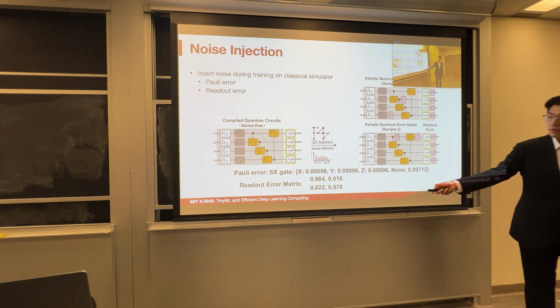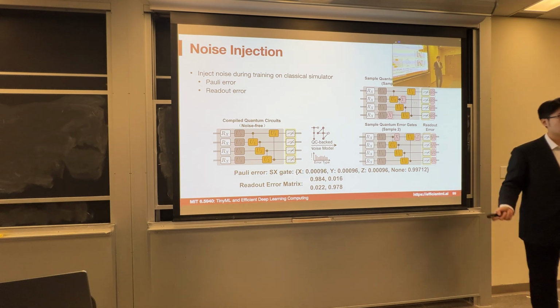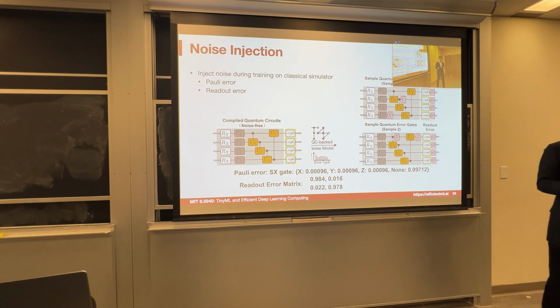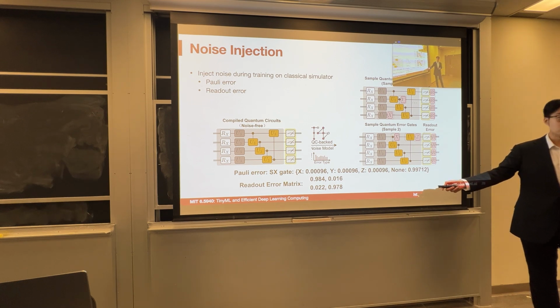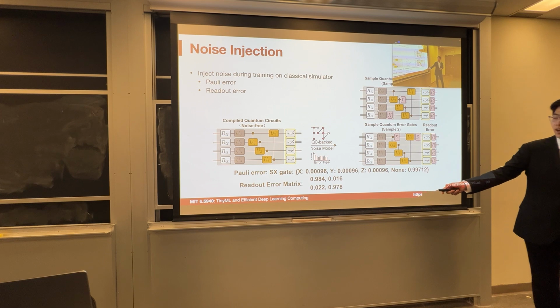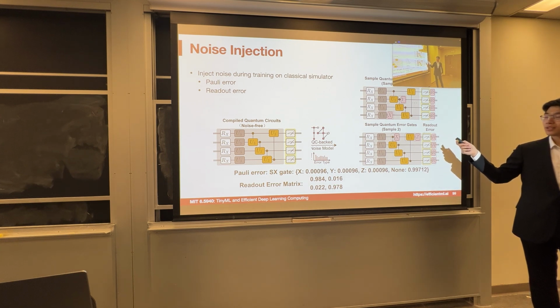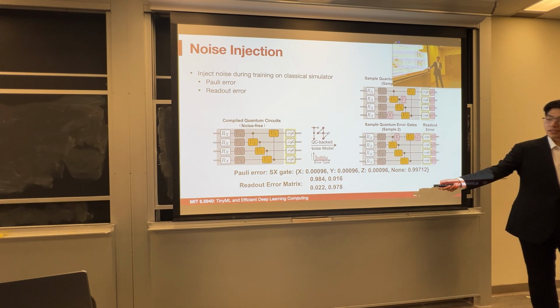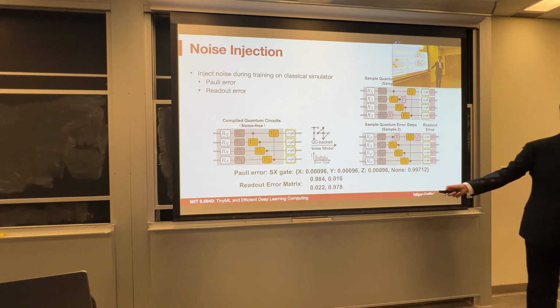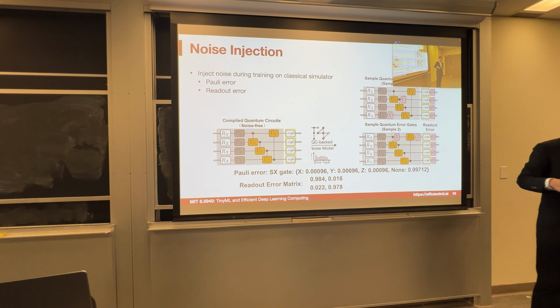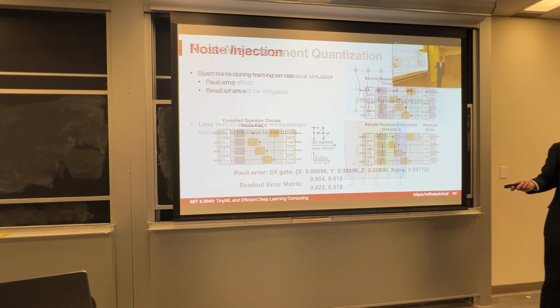But according to the calibration of the system, if we know this value, we can apply it to the result. We already know the transition matrix, so we can revert it and make sure the readout error is mitigated.